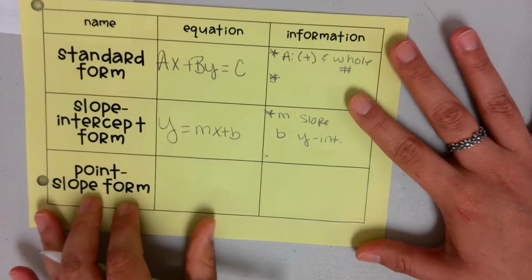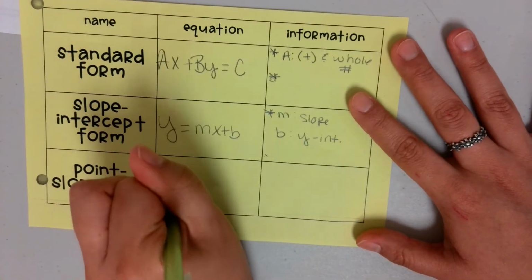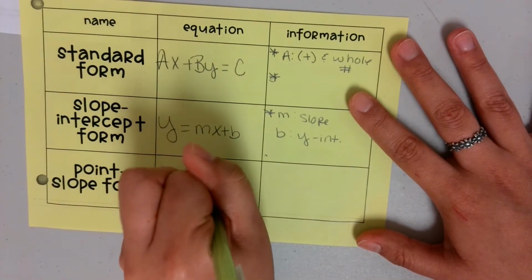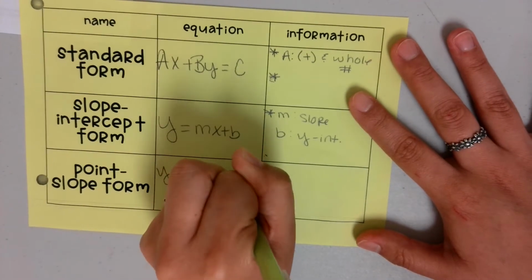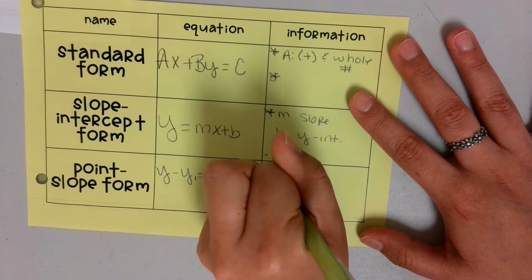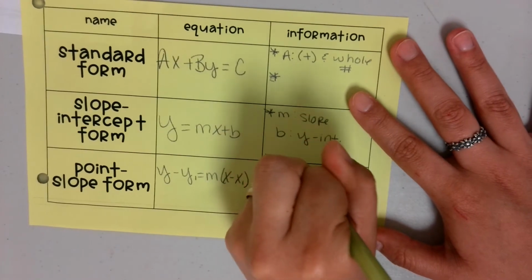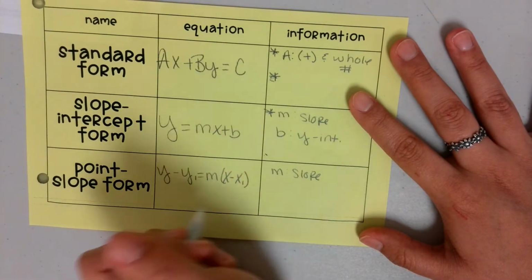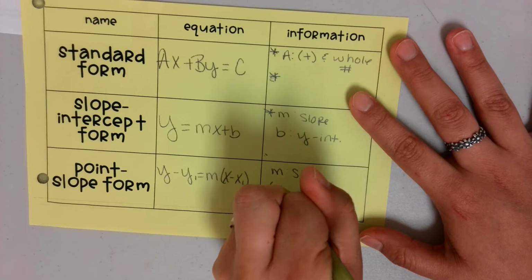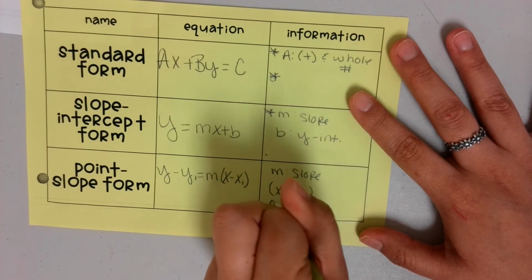Okay? And then point slope form is y minus y1 equals m parentheses x minus x1. Again, m is your slope, and your x1 and your y1 are your ordered pair.